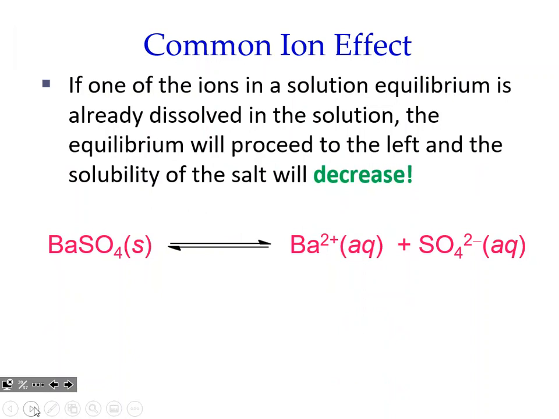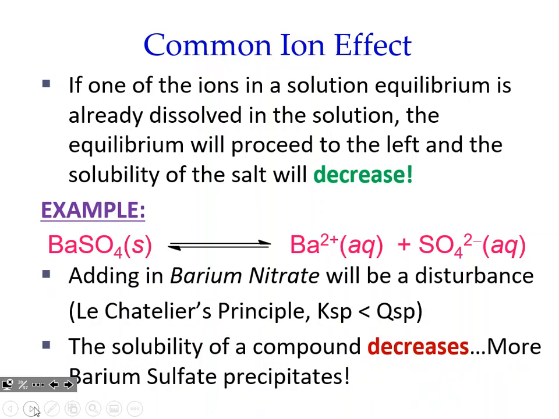And basically what happens if you add in a common ion, it's going to shift left towards the reactants, which means it's going to precipitate, or make more solid that won't dissolve, so your solubility decreases if you add a common ion. Common ion effect always makes the solubility decrease. Let's look at an example here.